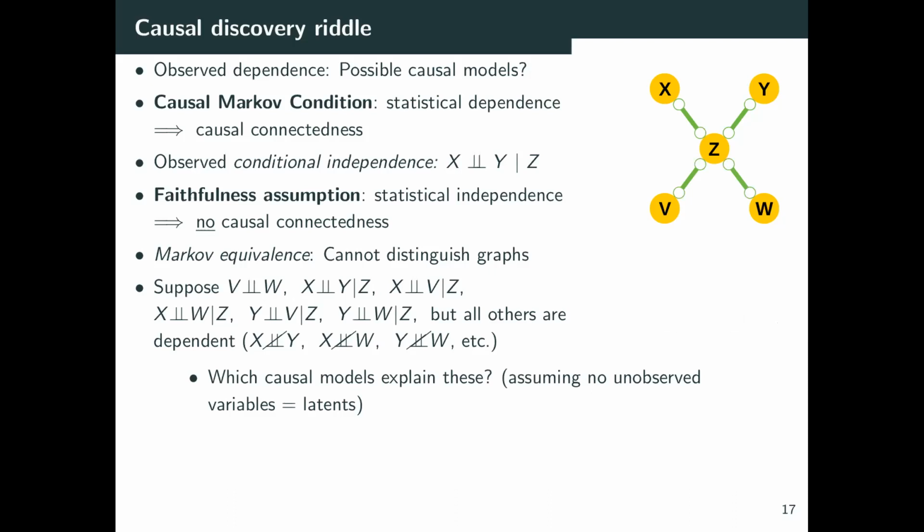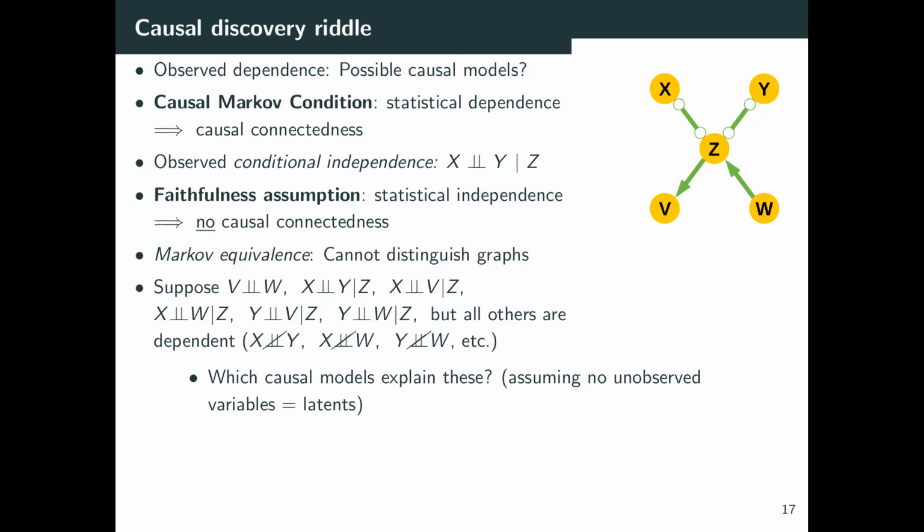And now, again, we are in the phase of reasoning. What are possible relations? Is it the same as above, that we can have Z being a confounder or one direction or the other? Well, if you now take the conditional independencies, or in particular the unconditional independence of V and W as evidence, and look at this graph now, then this is not consistent, because if this was the correct causal model and we assume the faithfulness relation, or the contraposition, namely if there is a connectedness, then there has to be a dependence.